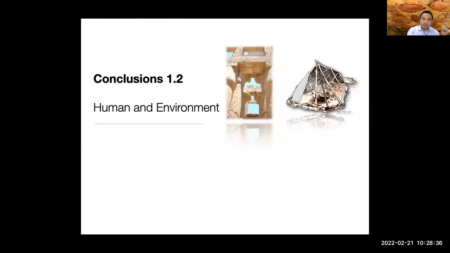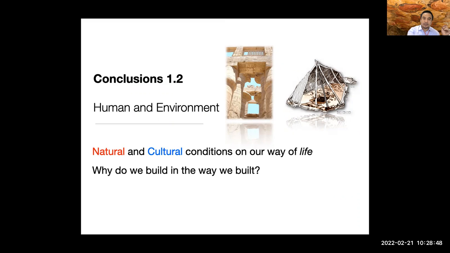So human and environment, okay? Natural, physical way, cultural, the temple, the soul, the mind, is the basic condition of our way of life, right? So think about, why do we build the way we build? Why did prehistoric people build that way? Why did Gothic people build in this way? And what is their thinking behind the actions?